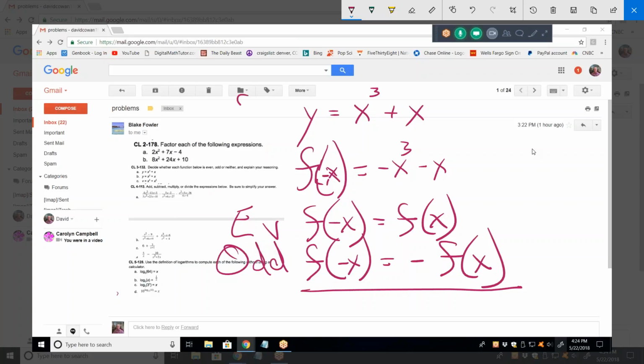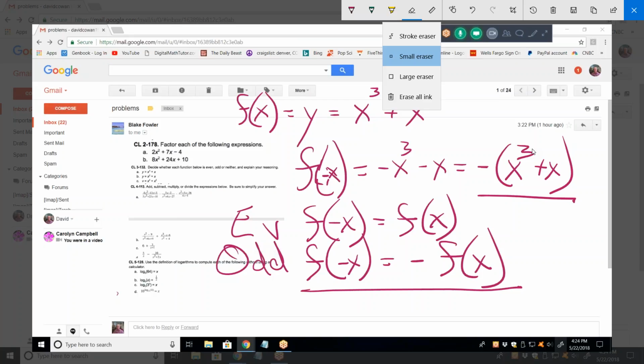Yes, it is. In other words, that's f of x up there, and if I factor out a negative sign here, I get minus x cubed plus x. That is minus f of x. So therefore, this is odd. Now, you got these memorized? I'm going to erase them.